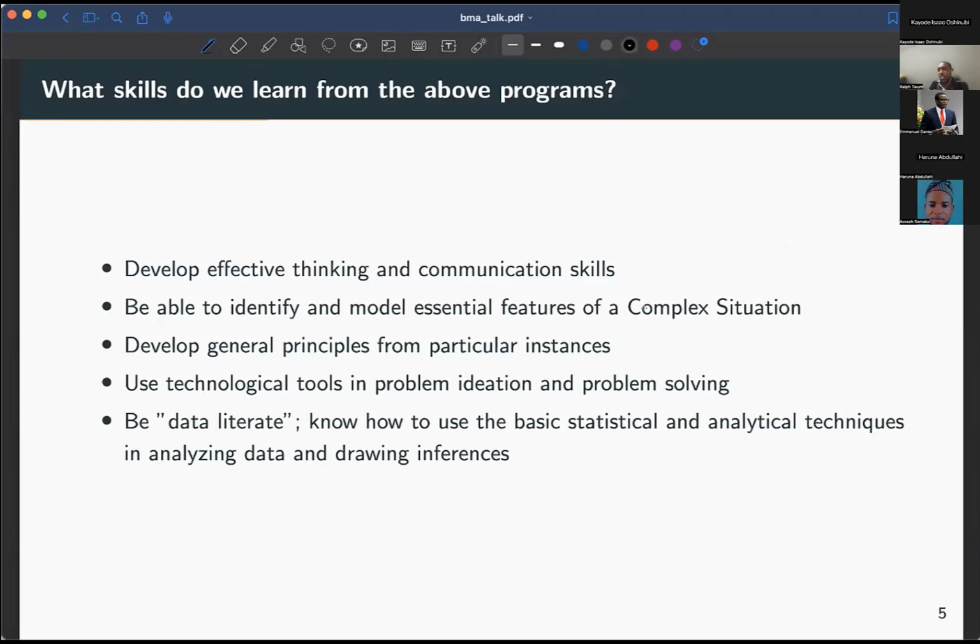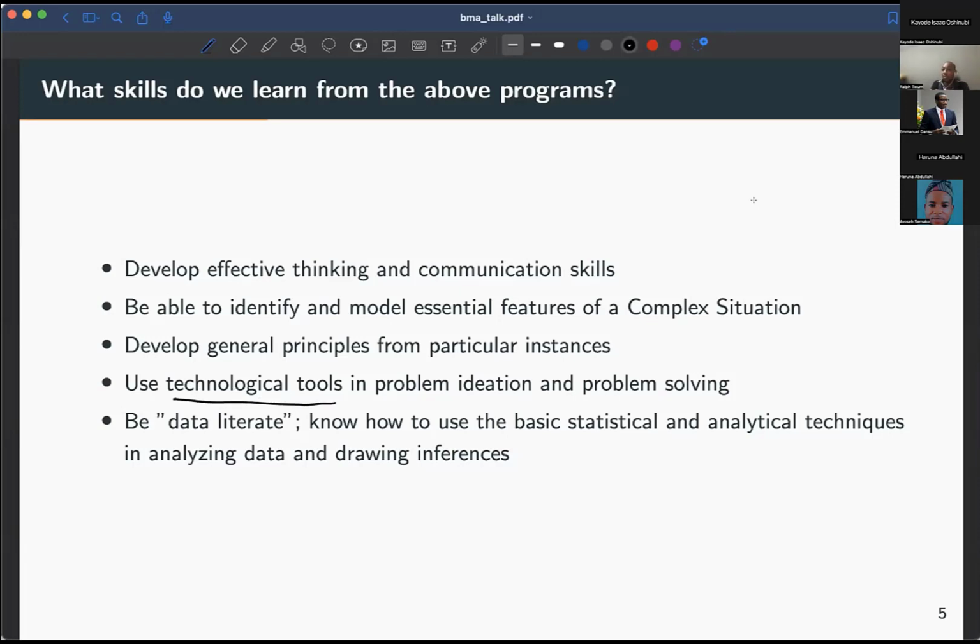And then you need to be able to identify and model essential features of some complex situations. And then as you go through, if you've looked at some examples, how do you extract a general principle from particular examples? And then as we go along, we see that we use a lot of technological tools.